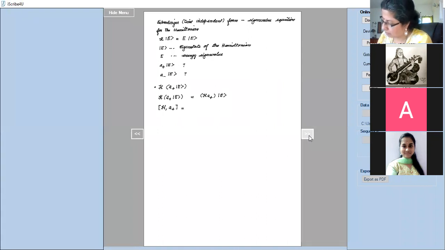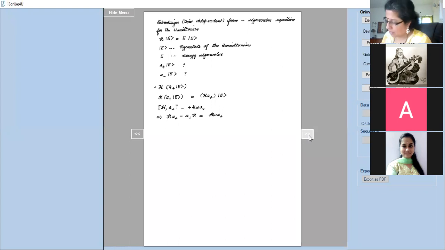This was nothing but plus H cross omega A plus. You remember this? So what does this mean? It means that H A plus minus A plus H is equal to H cross omega A plus.